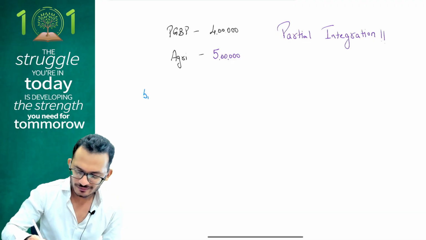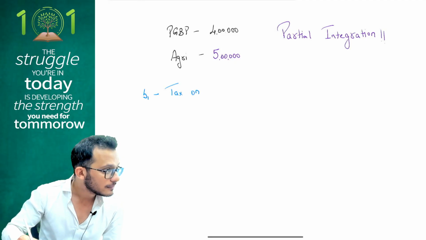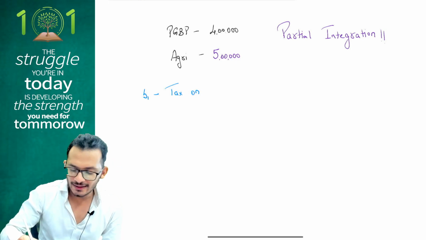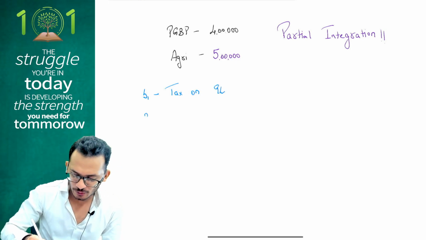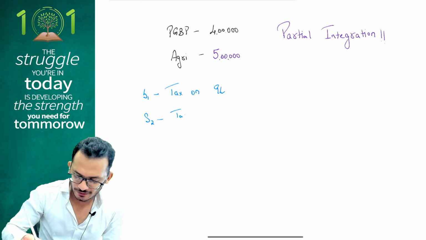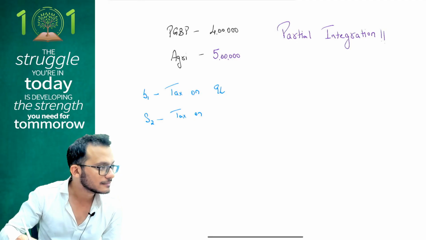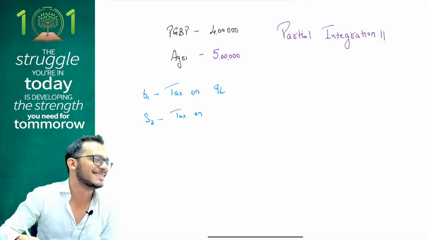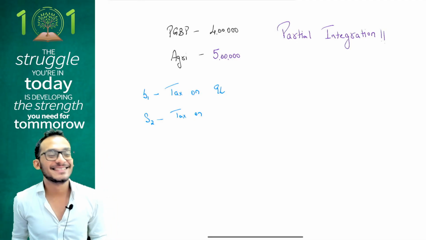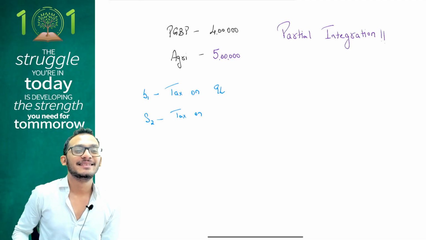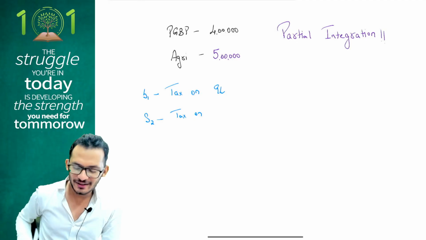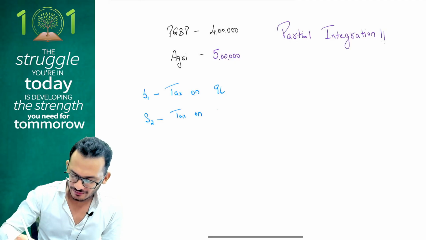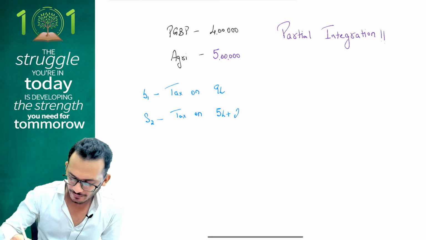Step 1: tax on 9 lakhs. Step 2: tax on... see, this is the problem when you mug up formulas. Very good. It is tax on 5 lakhs plus 2.5 lakhs.